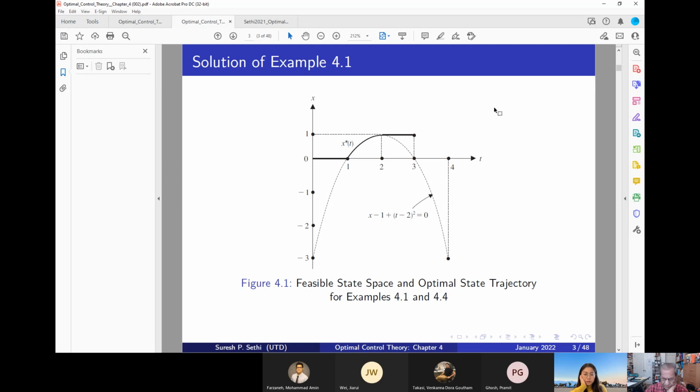Notice that if you are at a parabola point, let's say here, then some controls are not feasible because you will go below the parabola, and some controls are feasible because they are above the parabola.